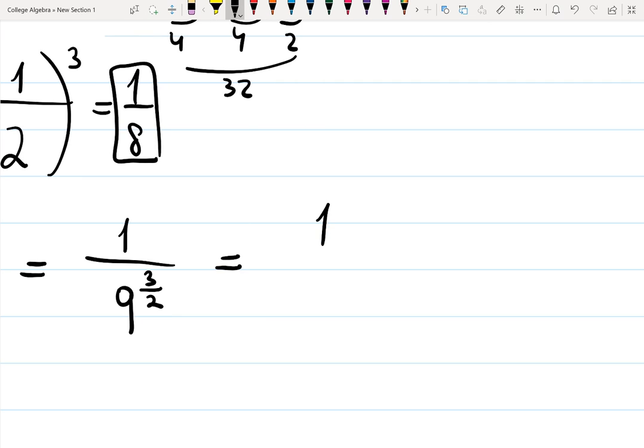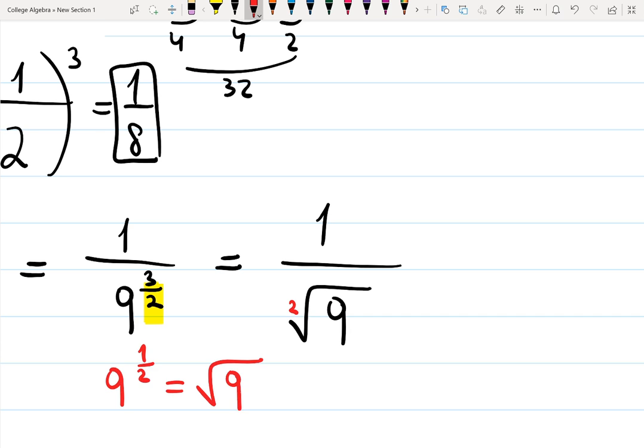Next, I'm going to rewrite 9 to the 3/2 as a square root of 9. Why a square root? Because it's half at the bottom. Half means a square root, right? Remember? 9 to the 1/2 means the square root of 9. And we know that's 3. But don't forget about the 3 in the numerator of that fraction.